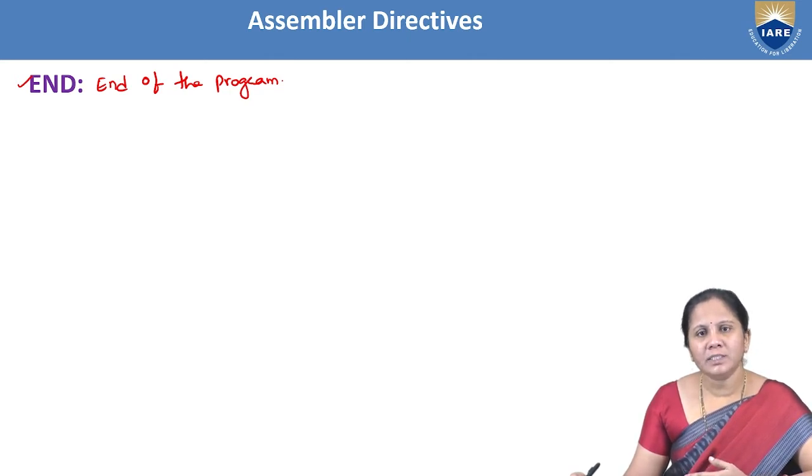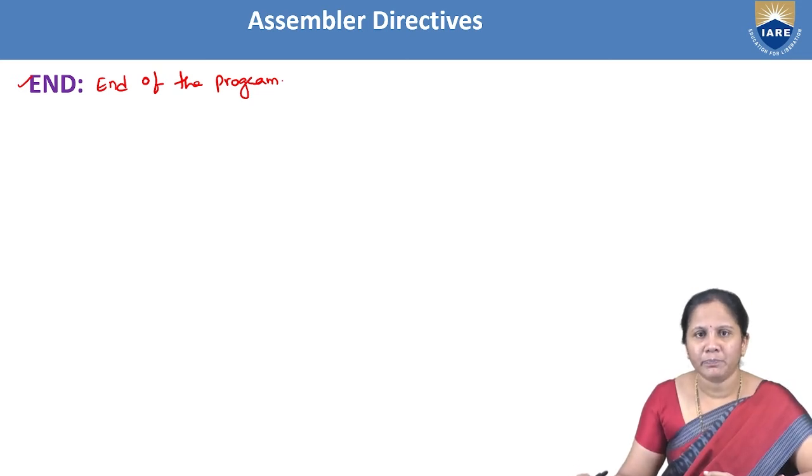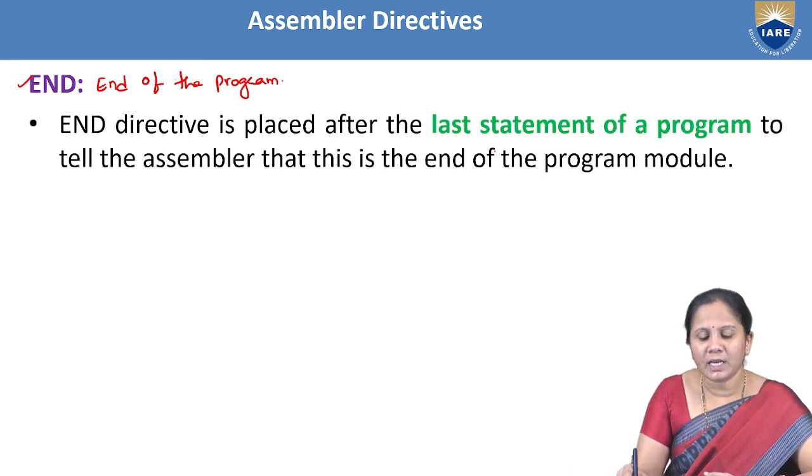That means the last instruction of the program should be this END assembler directive. It directs the assembler that the program has been completed, and this END assembler directive should be written compulsorily as the last statement of the program.